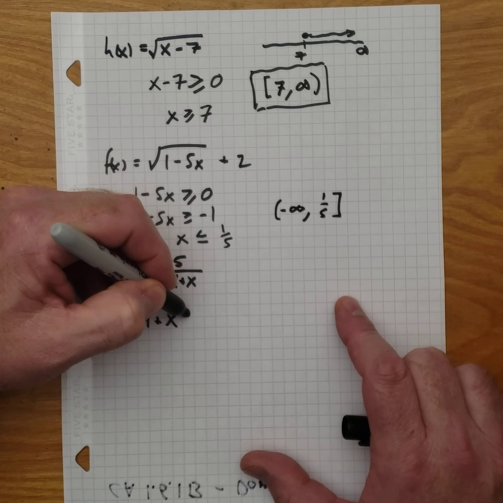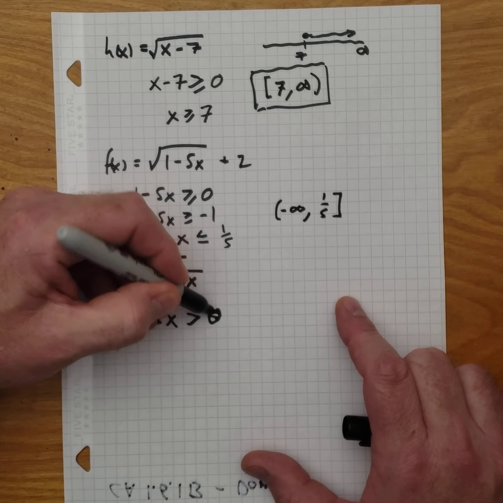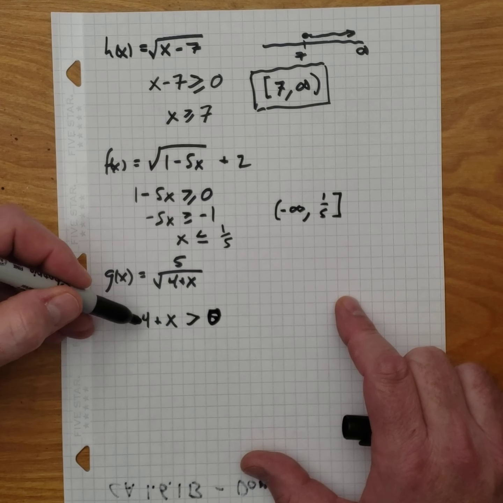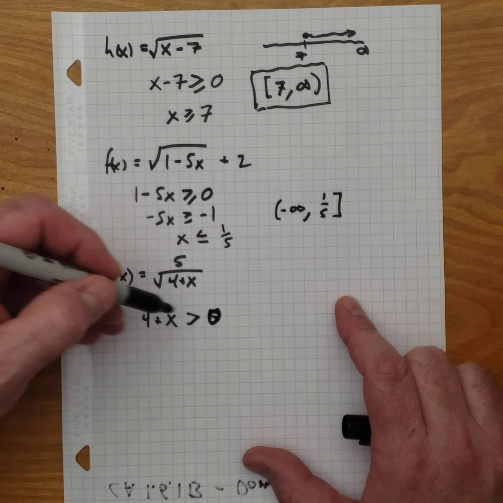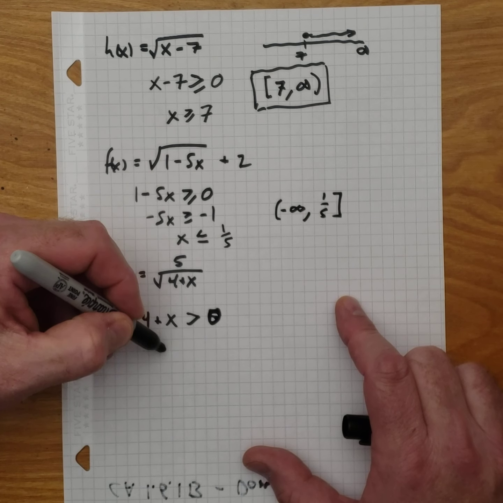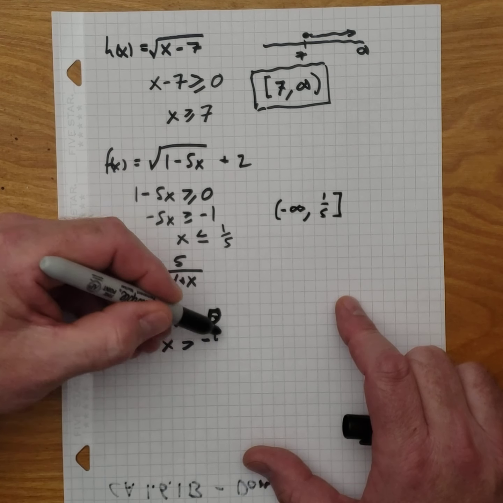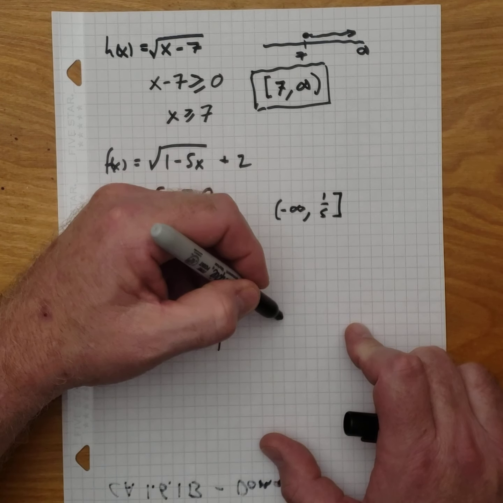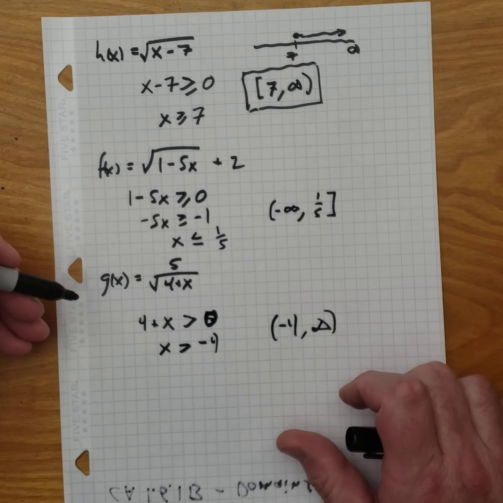So instead of having a greater than or equal to here, sorry, I made a 5, should be a 0. Instead of having a greater than or equal to, we have a strictly greater than, and we subtract 4 from both sides, and we get that x is greater than negative 4. So from negative 4 to infinity would be our domain.